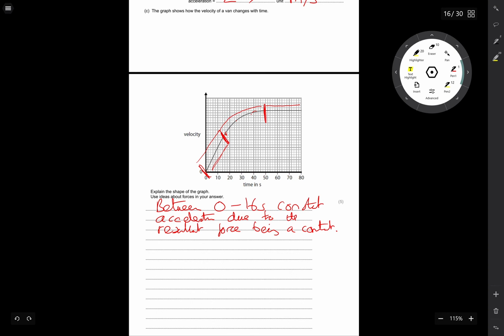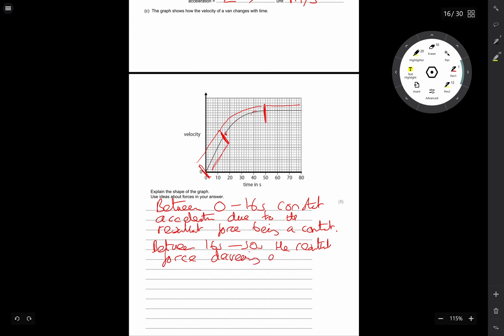Now, between 16 seconds and 50 seconds, the resultant force must be decreasing. We know that because acceleration is decreasing.